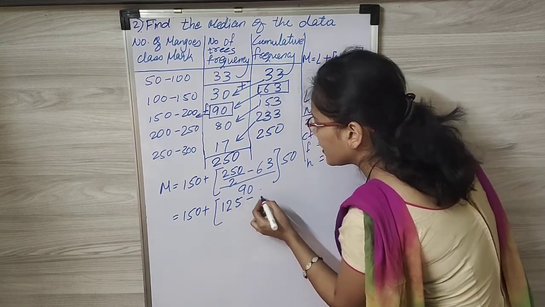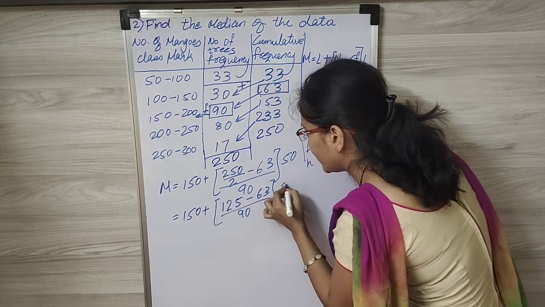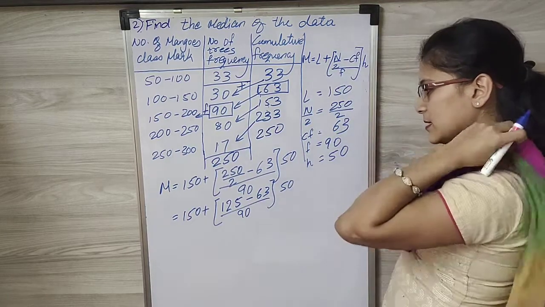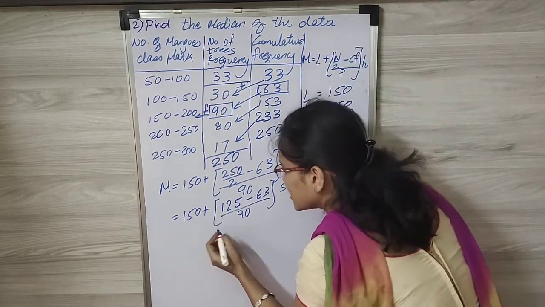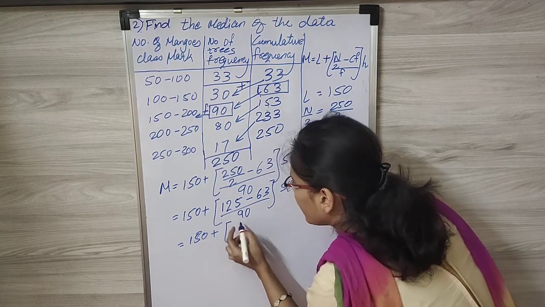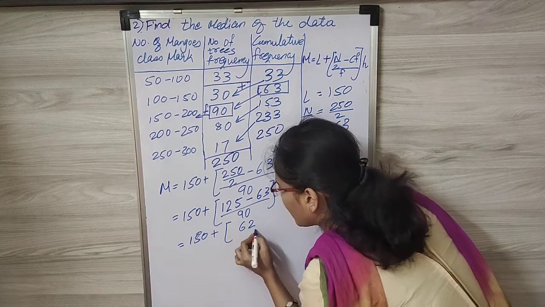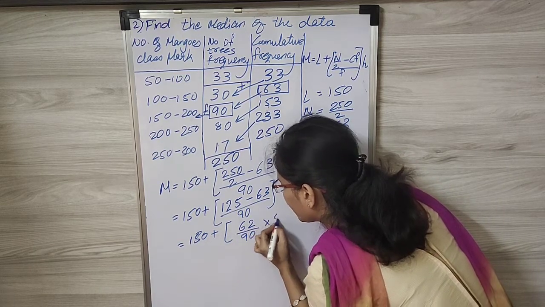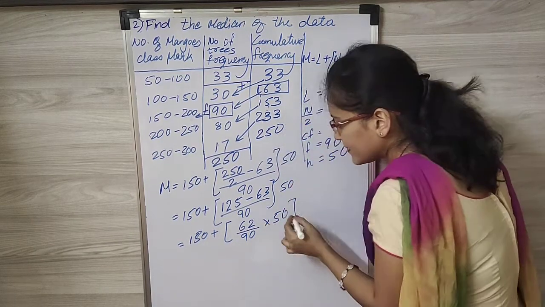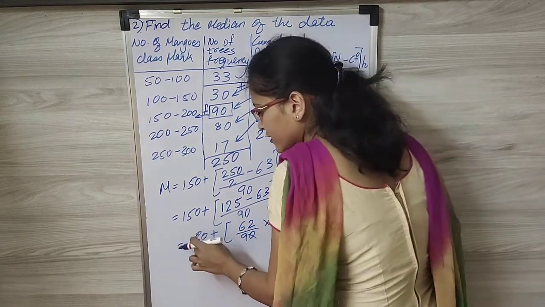So 150 plus 125 minus 63 becomes 212, and then 62 upon 90 into 50. Now cancellation: the zeros get cancelled. Is there any further reduction? No, there is no reduced form further here.